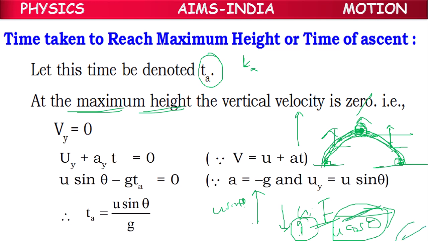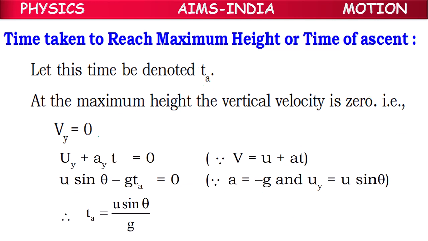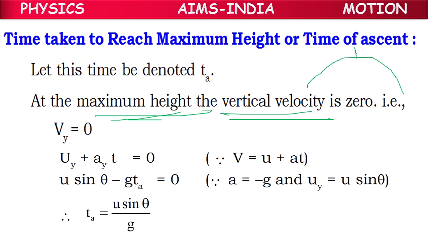Why? Because there is no force acting in the horizontal direction. So children, at the maximum height, this is the horizontal velocity, and the vertical velocity is 0.